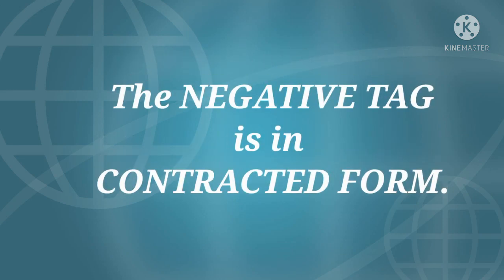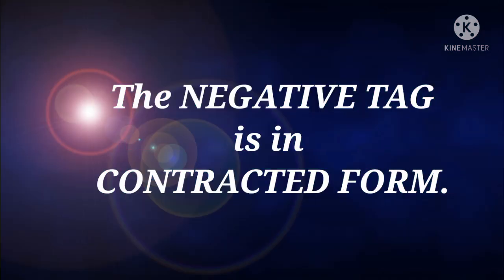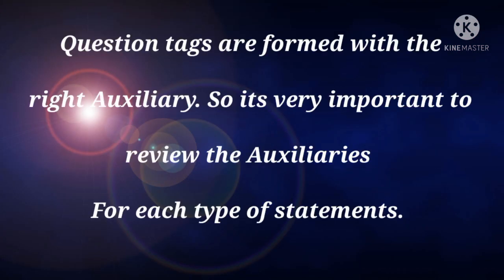Also notice that the negative tag is in contracted form, isn't it? It's possible to use the full form, is it not, but it sounds peculiar and too formal, so keep to the contractions.